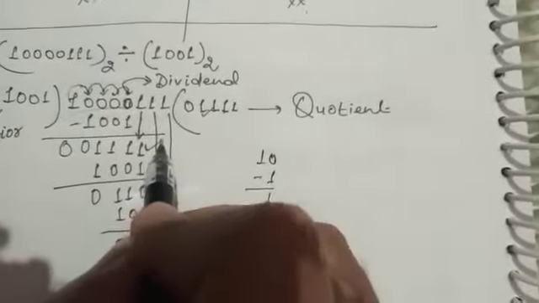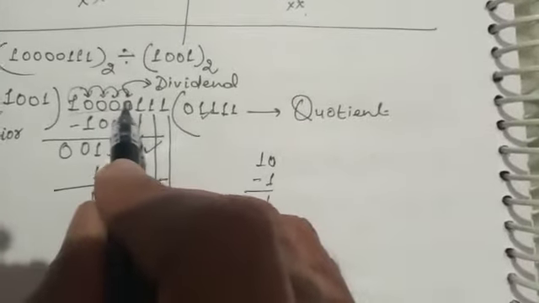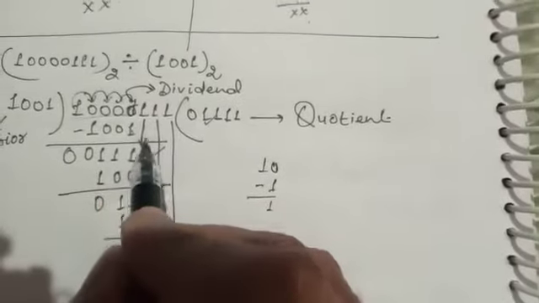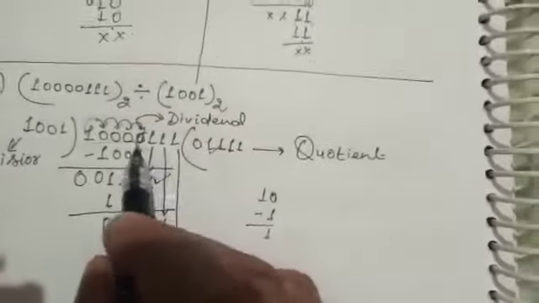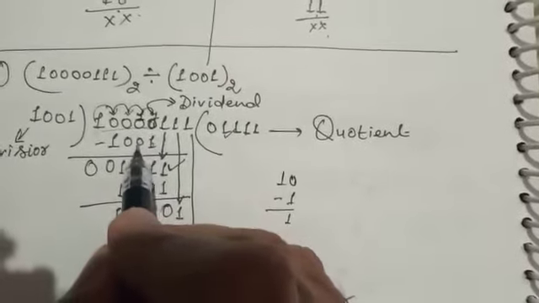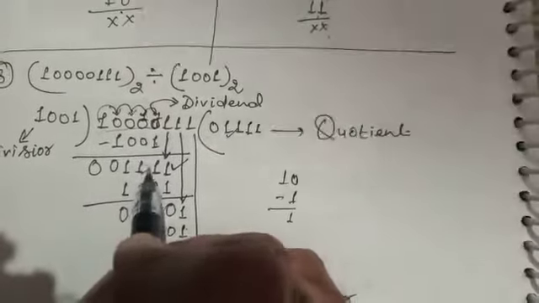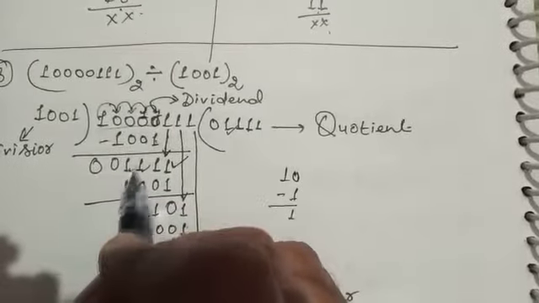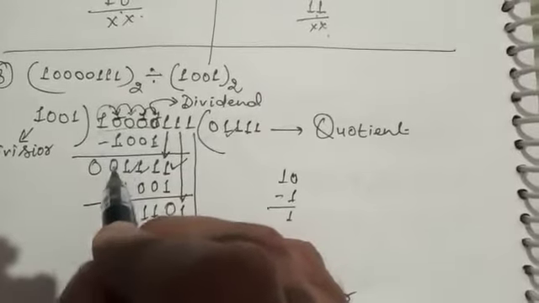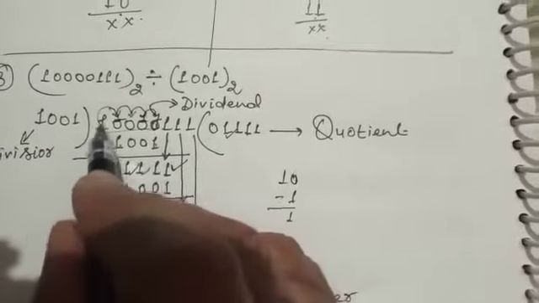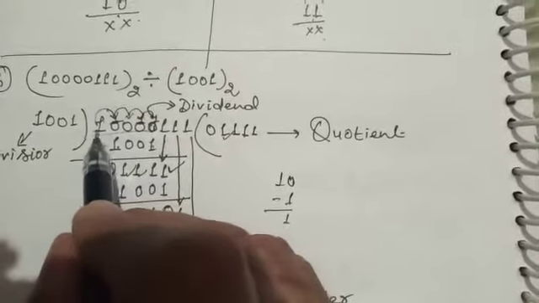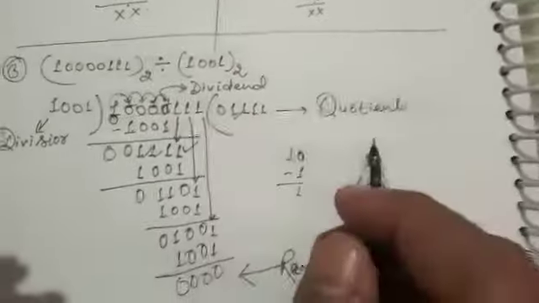So the output 1 is written here. Again it is 1. 1 minus 0, it is written 1. Again this is 1. This one is also 1 here. 1 minus 1, it is 0. And since this digit has given the borrow, it is now 0.